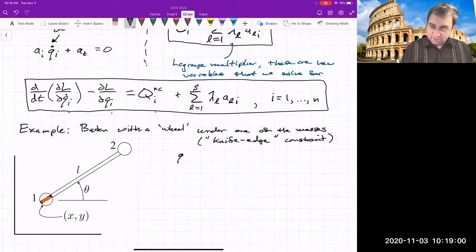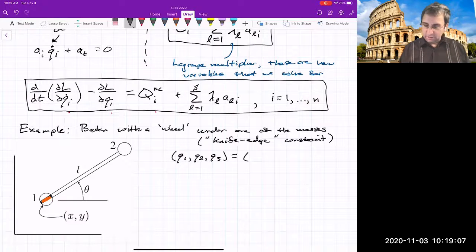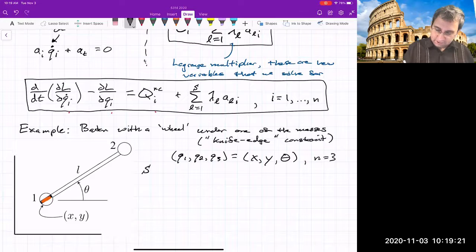We've got q_1, q_2, q_3. We've got 3 generalized coordinates, and they are, at least as we've chosen it here, x and y for mass 1, and then that angle theta. So n equals 3. But there is s equals 1 constraint.